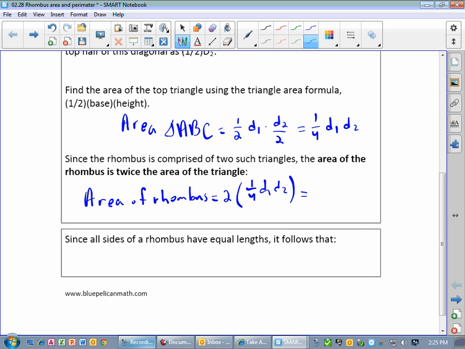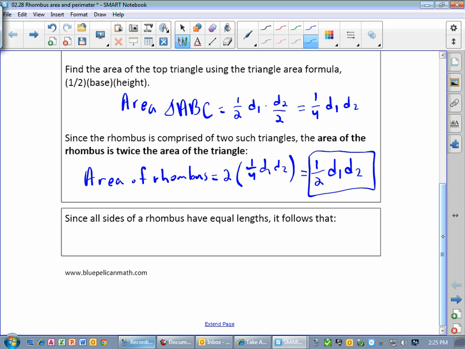If we multiply 2 times 1/4, well, if you have 2 quarters, that's half a dollar. So 2 times 1/4 is a half. 1/2 D1 D2. And so there's another area formula for a rhombus. Now, again, because a rhombus is a parallelogram, if we know the base and the height, we don't need to worry about these. There's base times height. But if we don't, and we can find the diagonals, then we can multiply the diagonals and cut it in half.